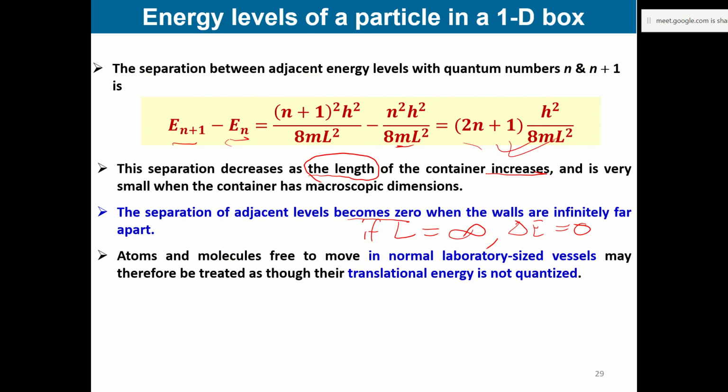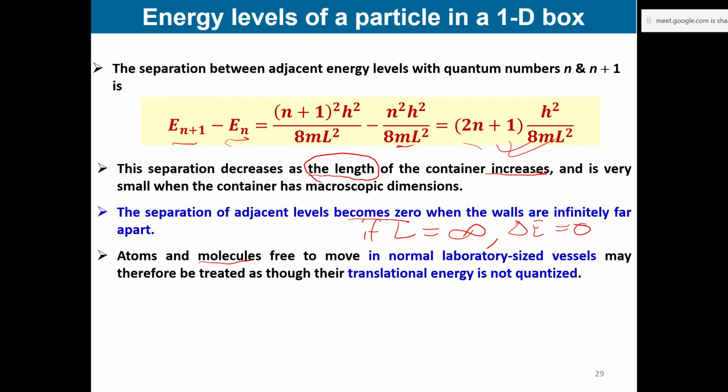So when you are talking about a molecule in a beaker, suppose I have one water molecule in a beaker, I can say that it is like a particle in a box. It is moving back and forth in this. So what will be the energy? For the molecule, a length scale of a few centimeters is almost like having an infinite wall.